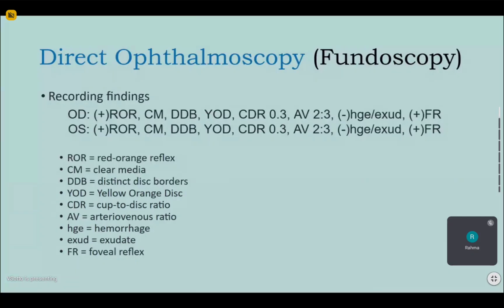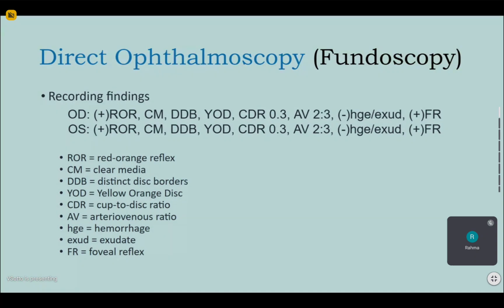Now, for abnormal findings, if the patient has dense lens opacity that you won't appreciate red orange reflex, then just put negative ROR. That's it. You can't have any other findings. So if you have an ROR, you'll be able to check the fundus.